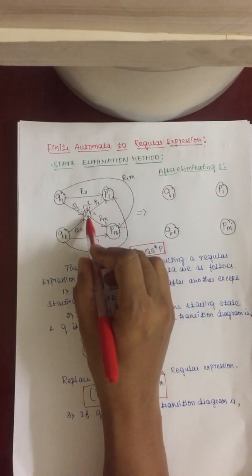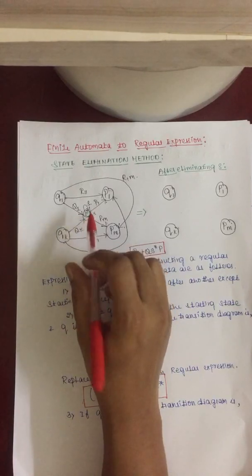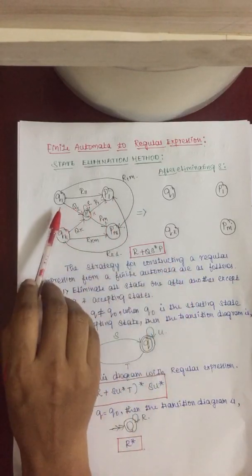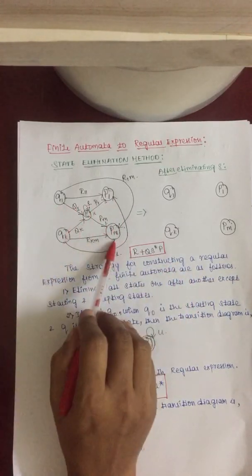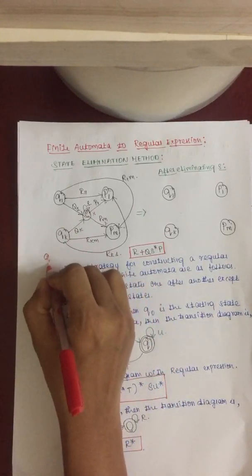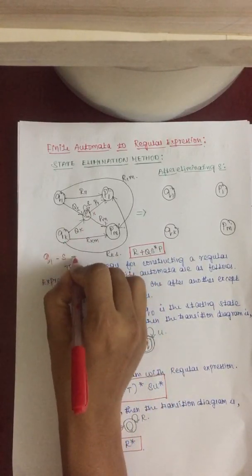Yes, definitely the state S is acting as an intermediate state for the states Q1 to PM. If you take the path from the state Q1 to the state PM, S is acting as the intermediate state: Q1 to S to PM.